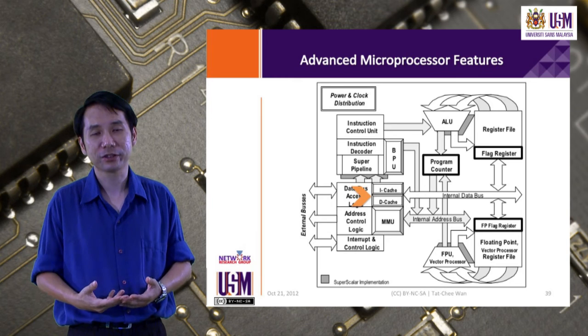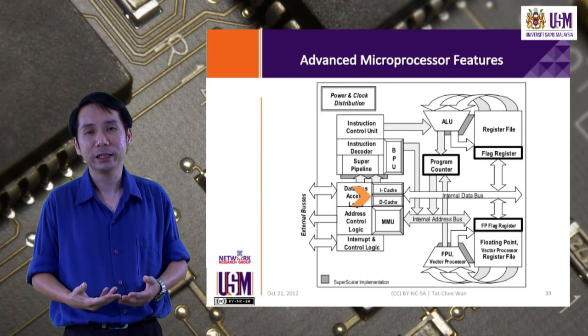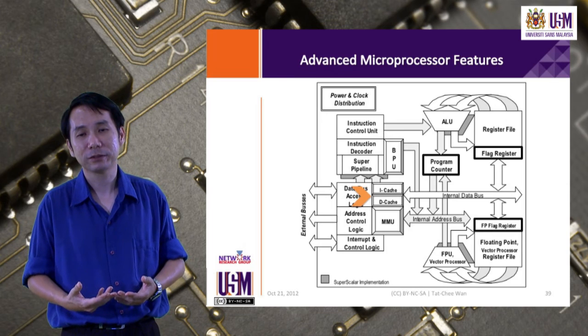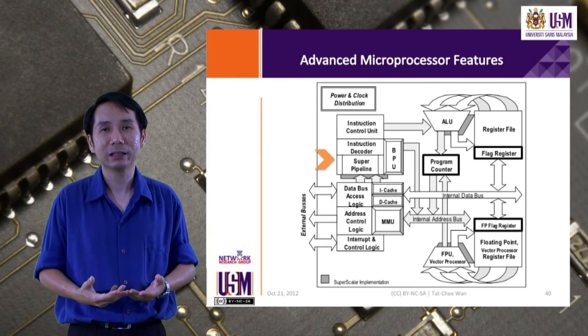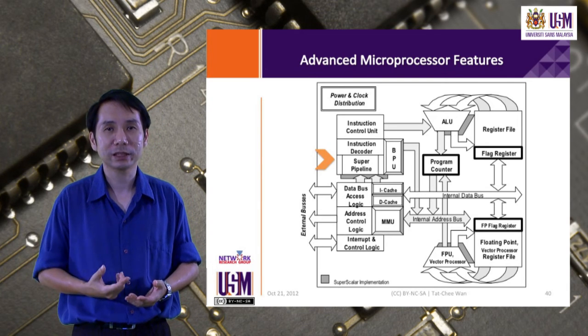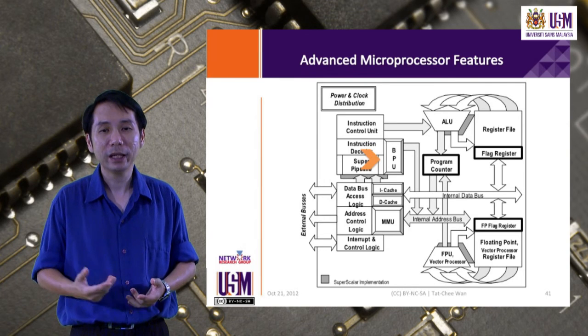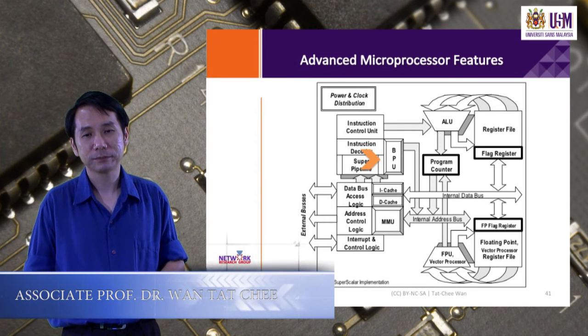We have the caches, which improve the performance of the processor by providing a hybrid or von Neumann architecture processor with some Harvard hardware architecture features. Finally, we may have a longer pipeline that allows us to break down the instruction execution process into more steps. And we may have a branch prediction unit which is used to improve the performance of the processor.